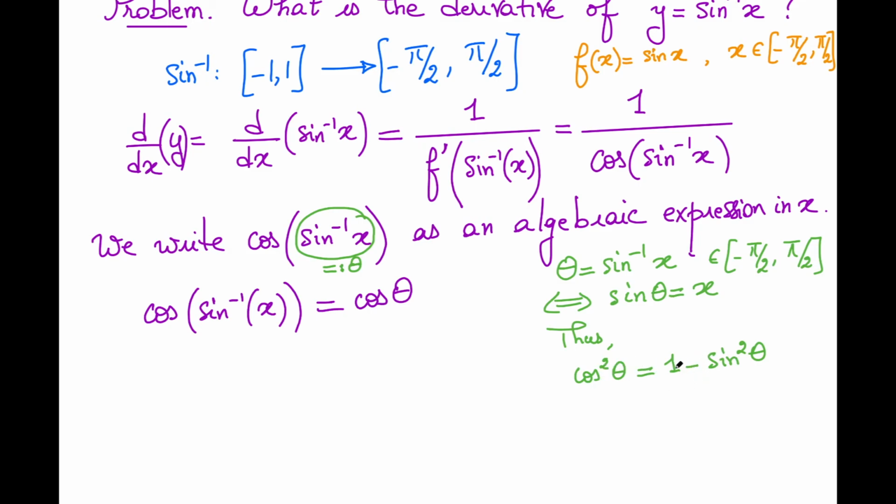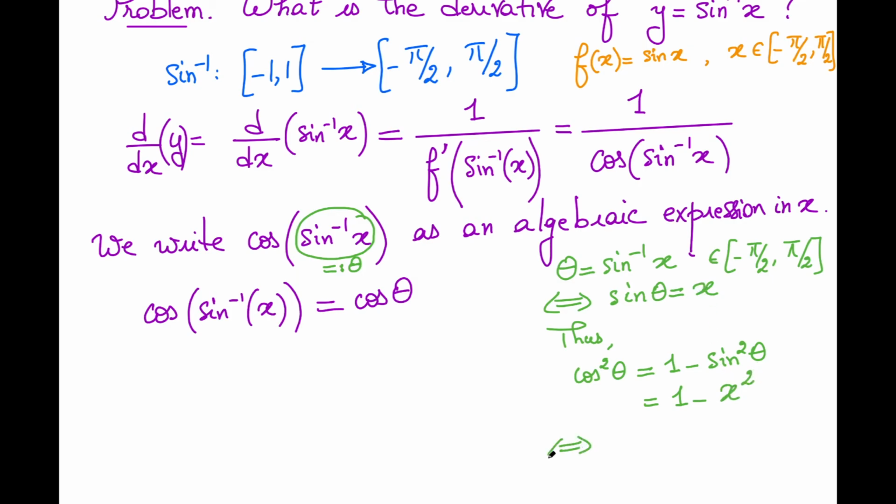Okay, Pythagorean identity. All right, in this context, this means 1 minus the square of sine theta, and sine theta is x. So this is x squared then, right? Sine squared theta is the same notation as sine theta squared, which becomes the square of x, so x squared.